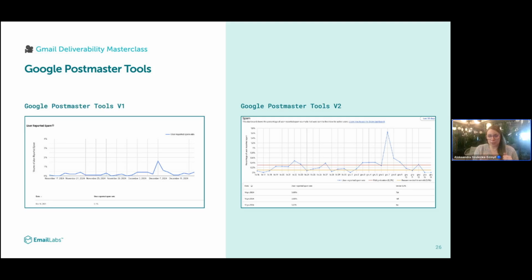Now I think it is easier to see if you are exceeding the spam rate limit that is preferable by Gmail, because on the graph on the right, you can actually see the lines. The red line is 0.3 and the yellow, I think, line is 0.1. And it shows you when exactly you exceeded that, and how much more spam complaints you received in percent units.